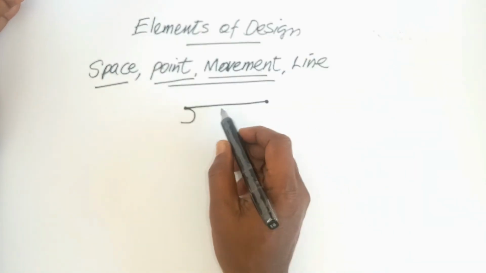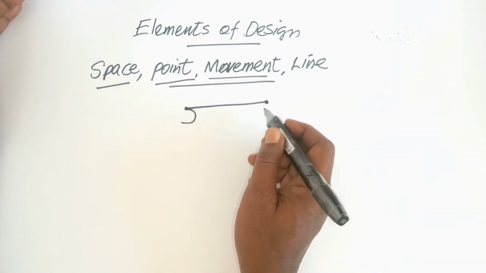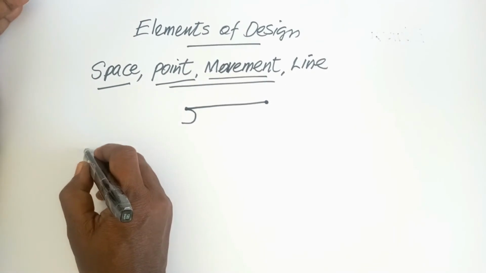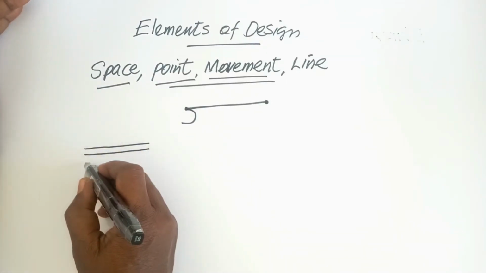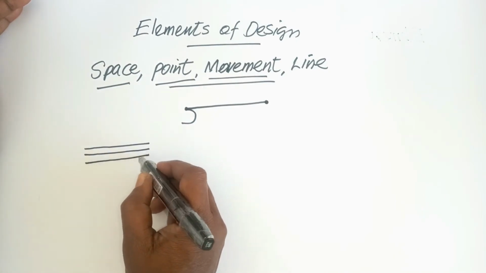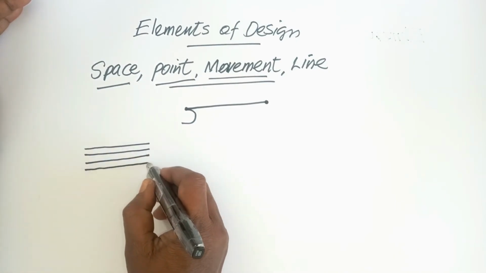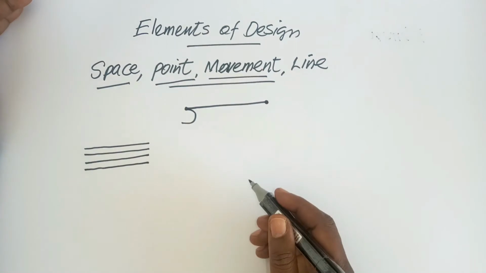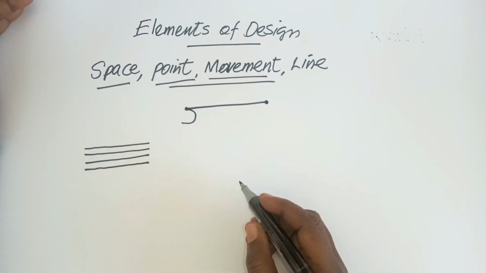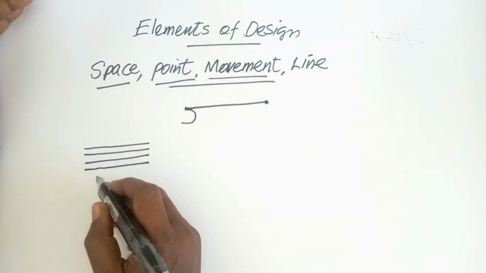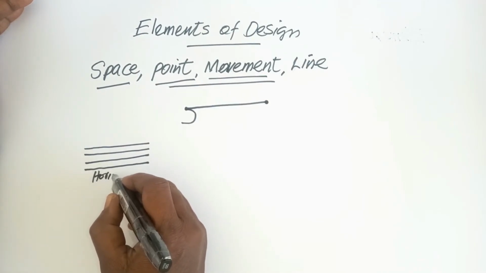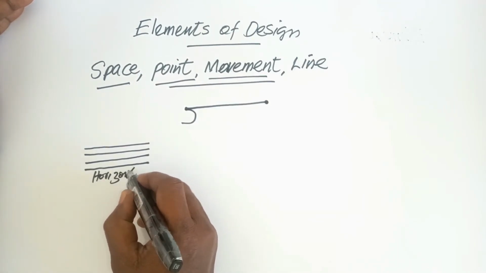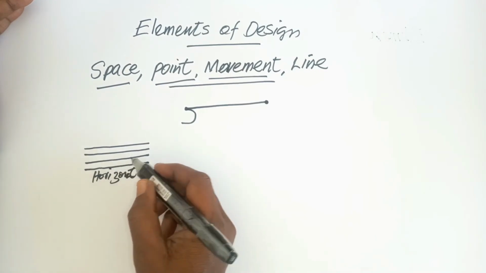Let's begin with this first one. We started with straight line. When you have a straight line, depending on the position of that line, it has a name. So these lines that are sliding down, they are laying down, they are called horizontal lines.